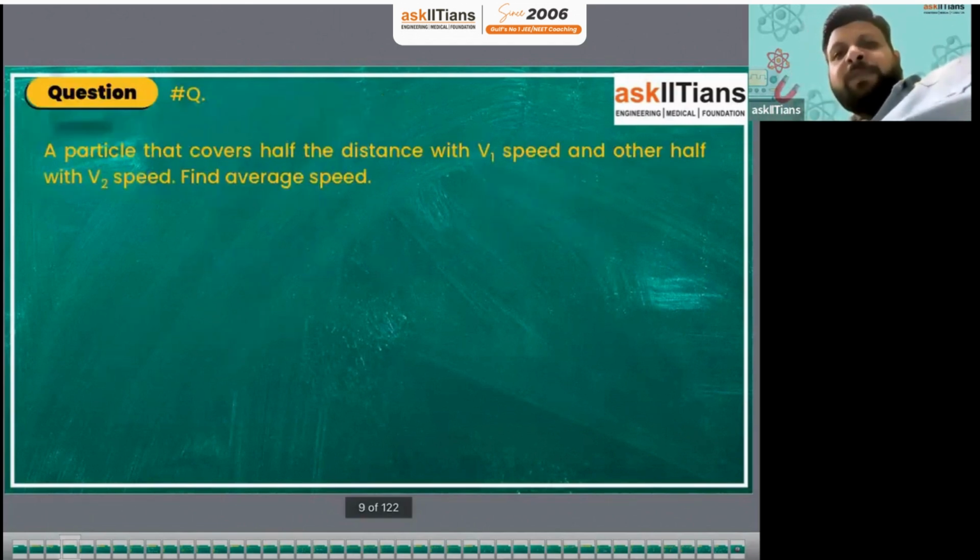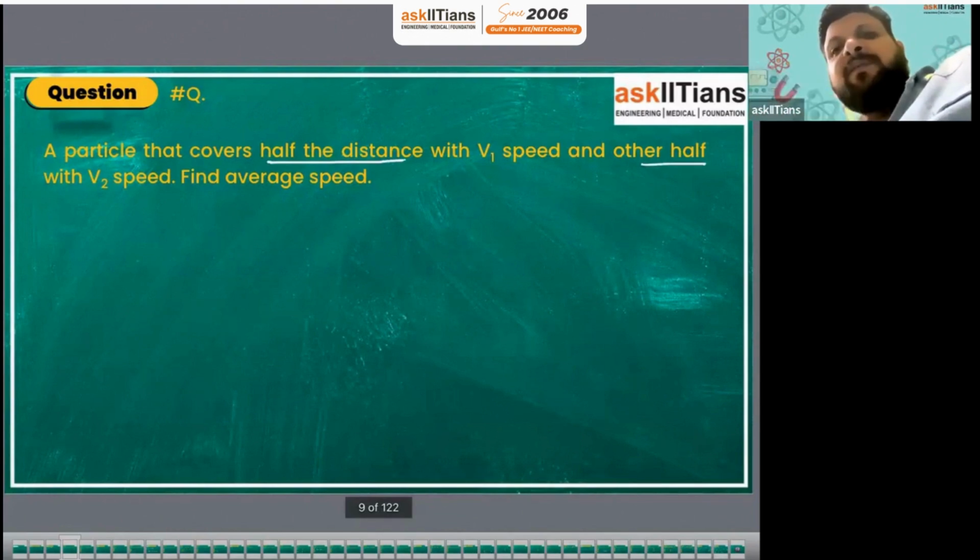Let's solve this question. A particle that covers half the distance with v1 speed and other half with v2 speed, find average speed. So this is a very important case. Here half the distance and another half the distance means distance are equal.